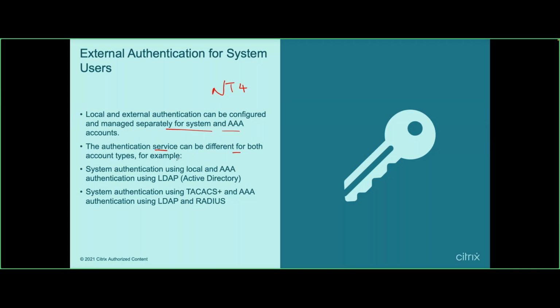For example, you can have it for your LDAP, for your Radius, or LDAP and Radius, or LDAP and TACACS. I've not seen anyone use TACACS, so I don't even know how it looks. So go with the ones that you know. Don't go with the ones that you don't know and then struggle in the end.